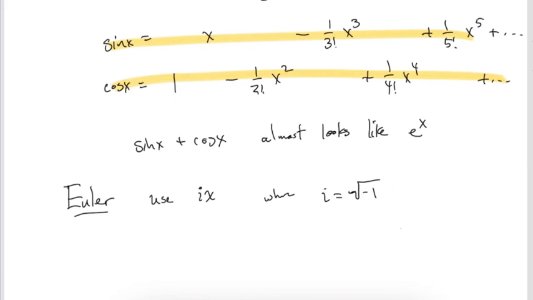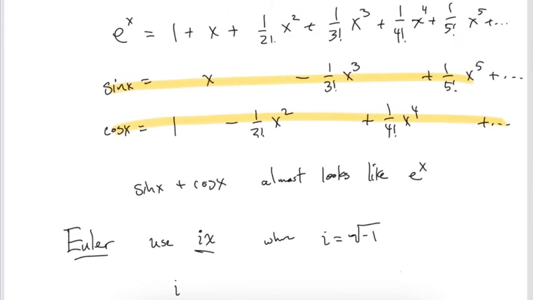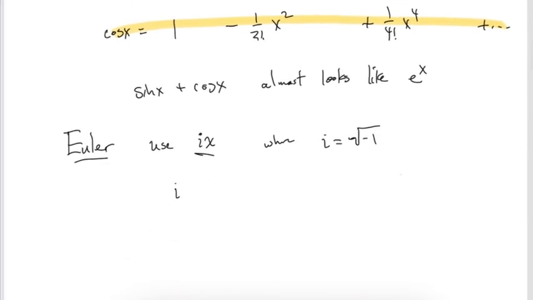They just don't qualify as real numbers, but there is a way to work with things like the square root of minus 1. Check it out. My intention is to plug in, instead of x, ix into these series.